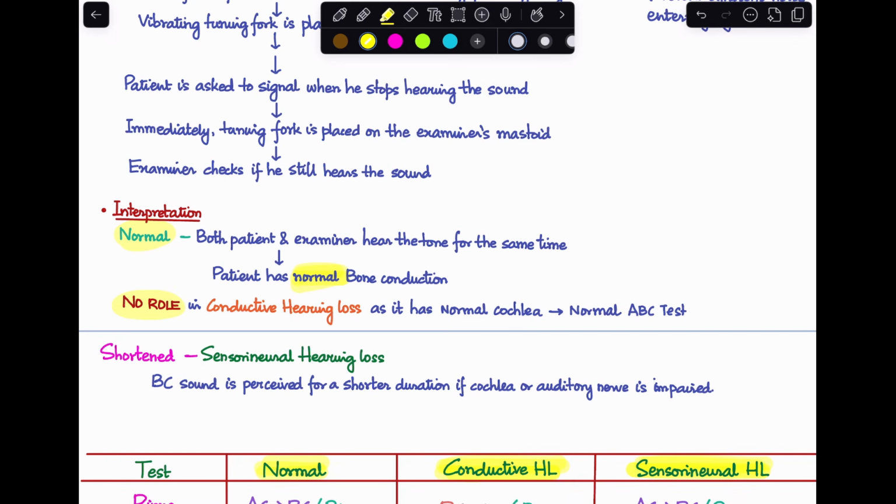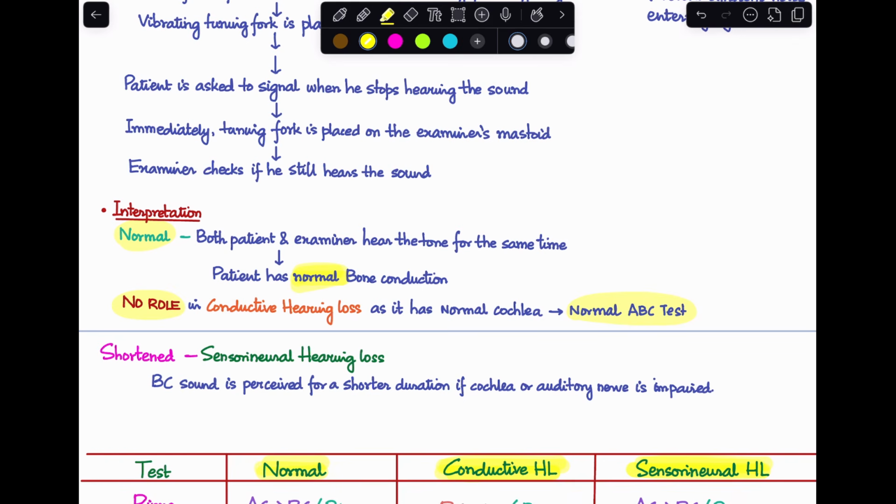So, from that, we can tell in case of conductive hearing loss, there is basically a blockage in the pathway. And in this test, we are already simulating that blockage by pressing the tragus inwards. And because the patient has a normal cochlea over here, the absolute bone conduction test will also be normal. So, there is no role in testing for conductive hearing loss over here.